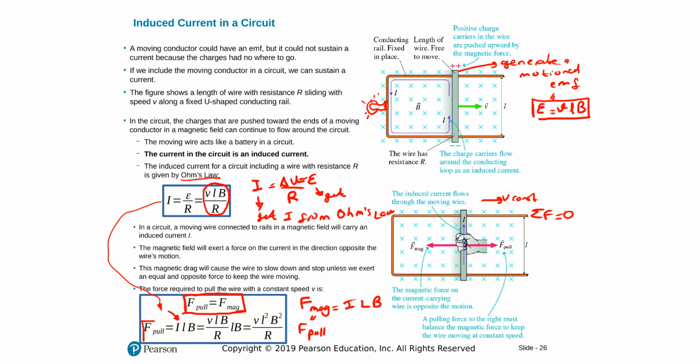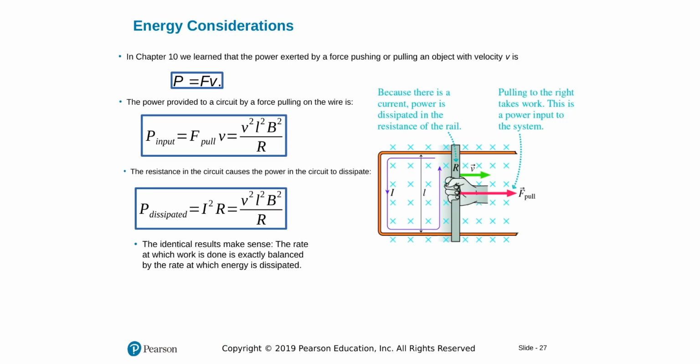Then using the fact that F magnetic is the current times the length of the wire times B, we can also find the pull force. How do we find current again? From Ohm's law. We can go even further. Look at the power, which can be calculated as force times the speed or velocity.